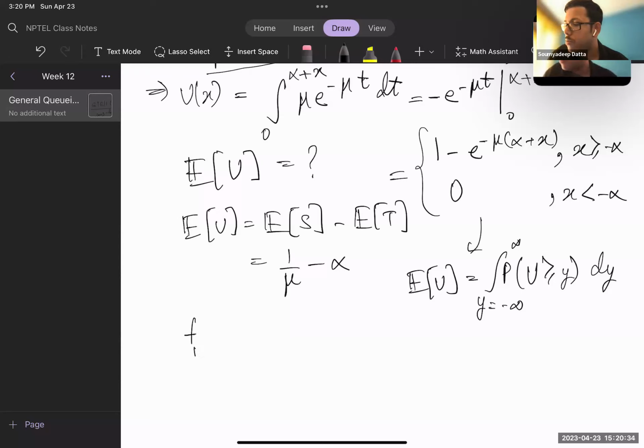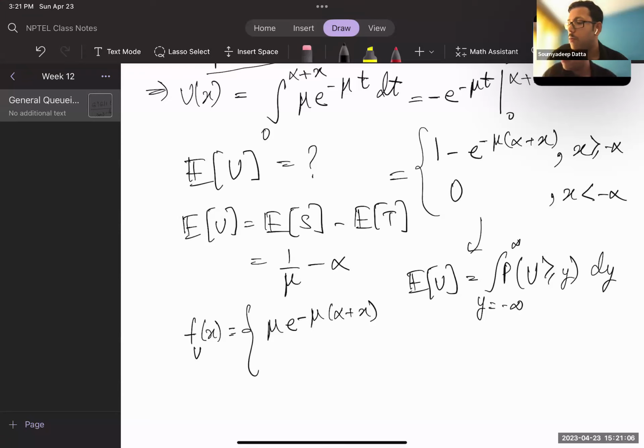So the PDF f_u of x, we'd have to take a derivative, right? So the derivative of this will be, I think, mu times e to the power minus mu alpha plus x.